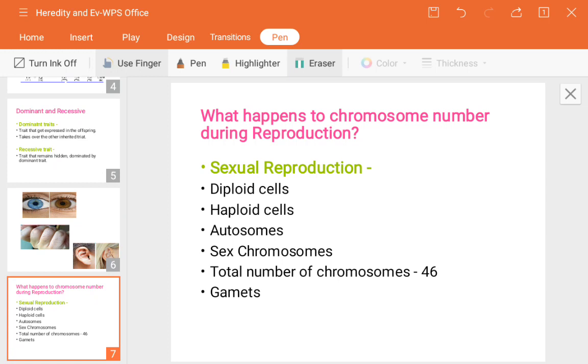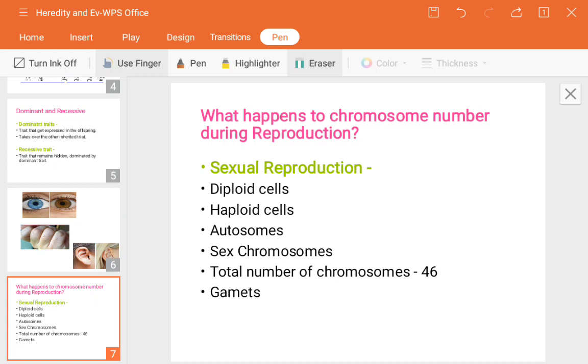Suppose the father's male gamete is the sperm, as we know, and the mother's is the egg. The sperm is a haploid one, and the egg is also a haploid one, meaning having only a 23 chromosome set.